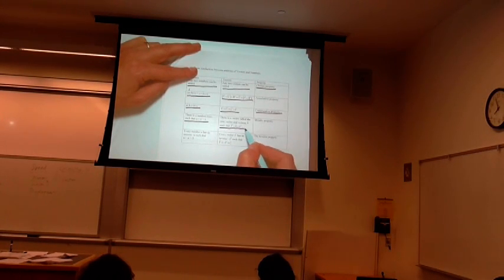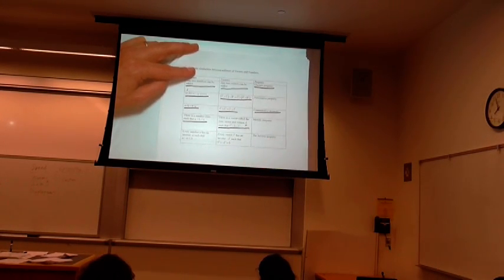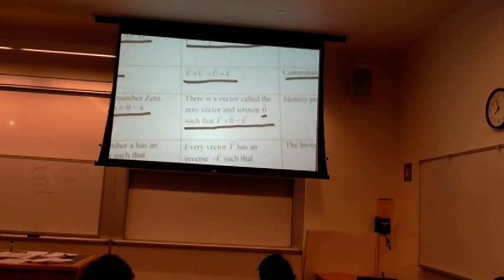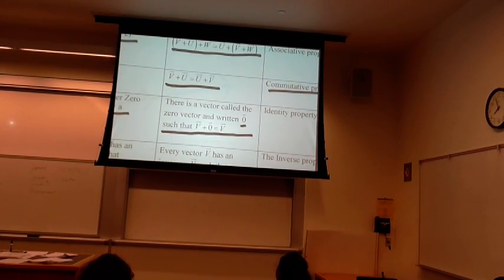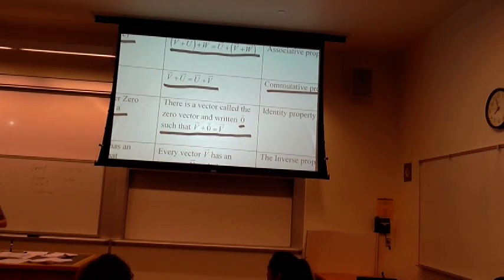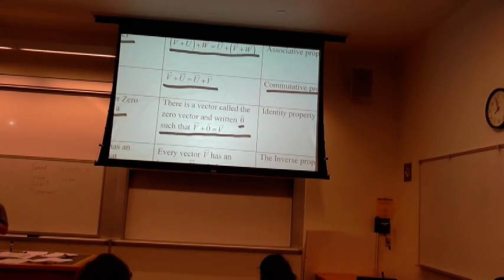There is a vector like that, right? We draw it this way, a 0 with a little vector sign over it. You want to be careful. The 0 vector is not 0. Right? 0 does not have a direction. The 0 vector sort of has a direction.